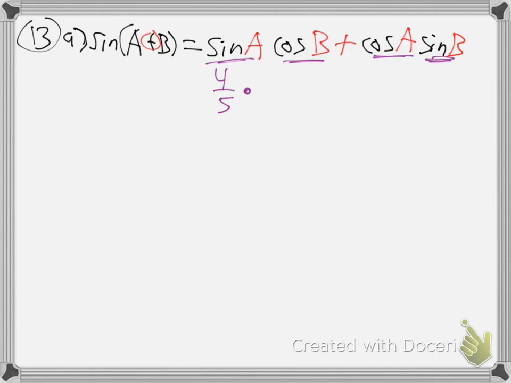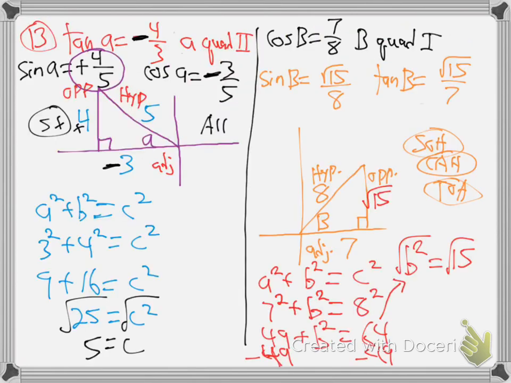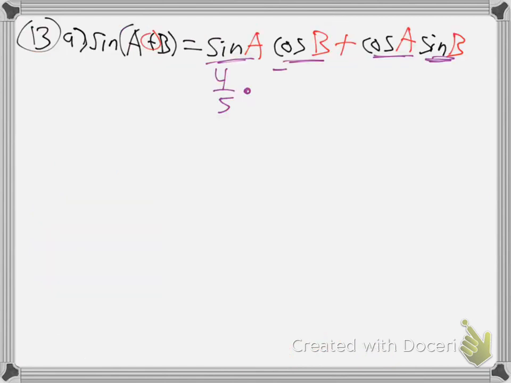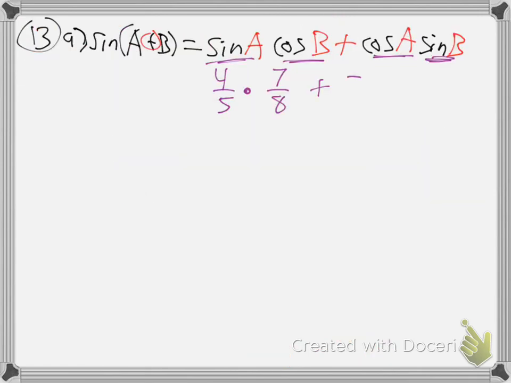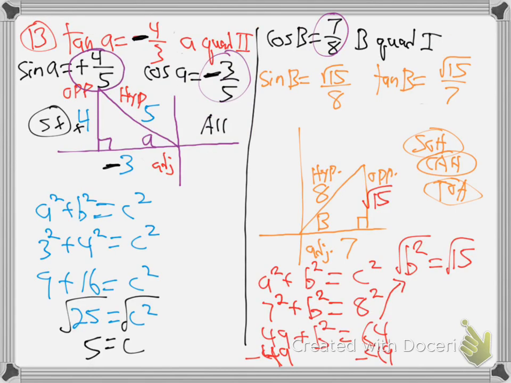Like we talked about, we can't just distribute. It's not just sine A plus sine B. It's this whole special formula. That's what today's been all about. And then cosine B, 7/8, plus cosine A, minus 3/5, and sine B, root 15 over 8.